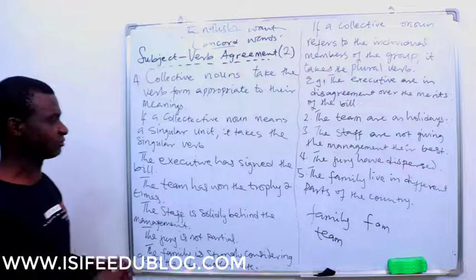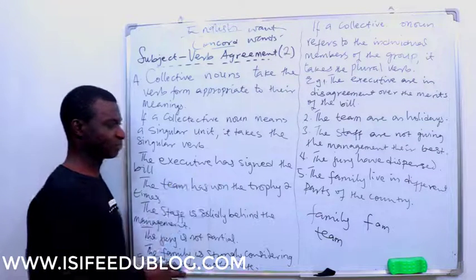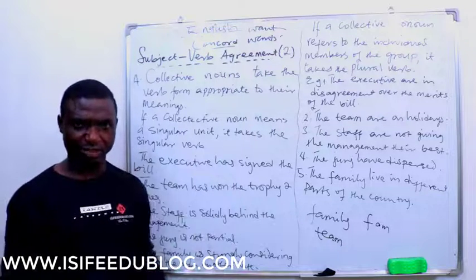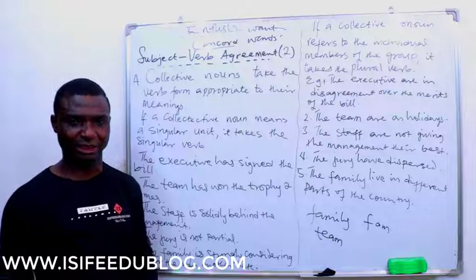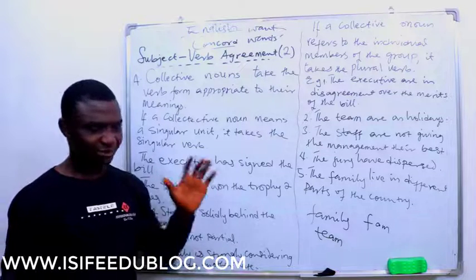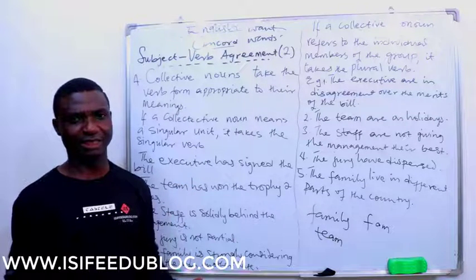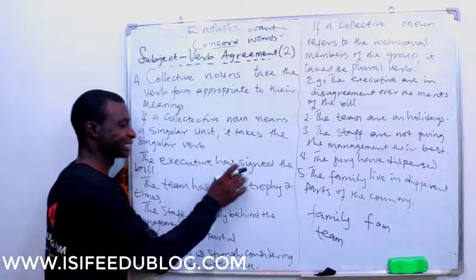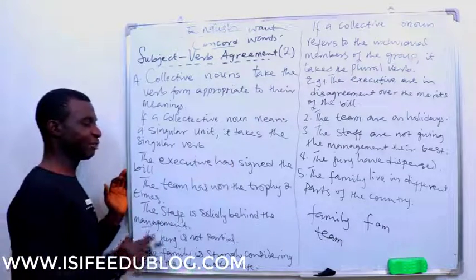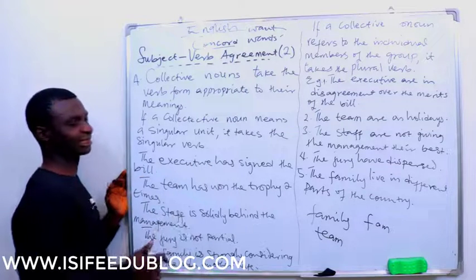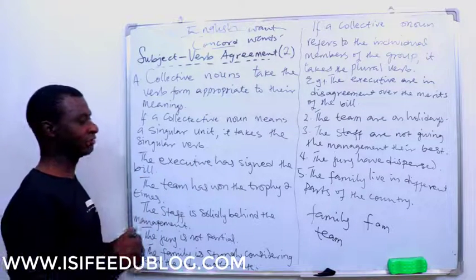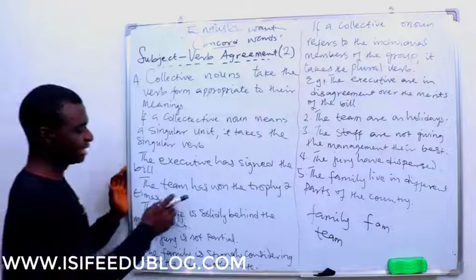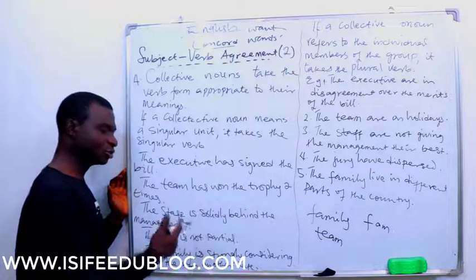The chief executive has looked at the bill, discussed with the ministers or commissioners, as the case may be, and seen that this bill is worth signing. In that case, they act as a single unit. Therefore, the executive has signed the bill.